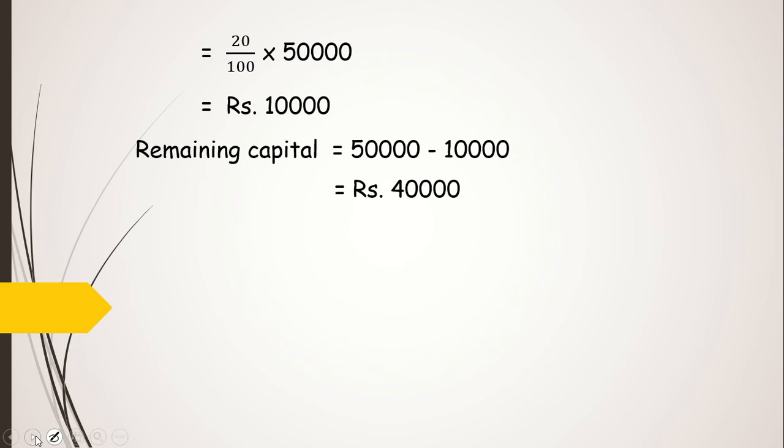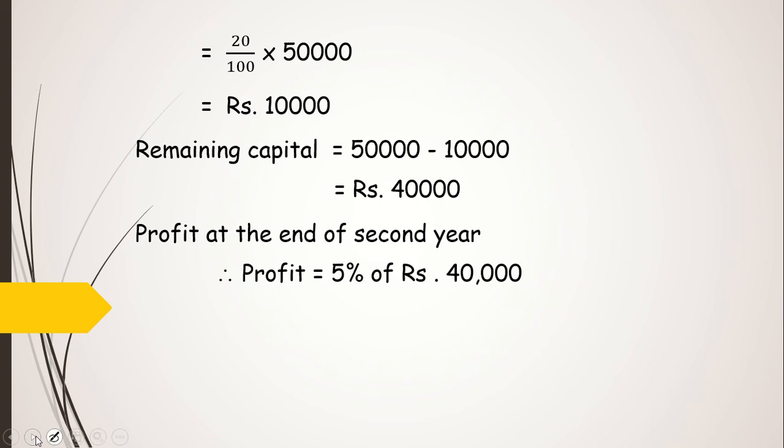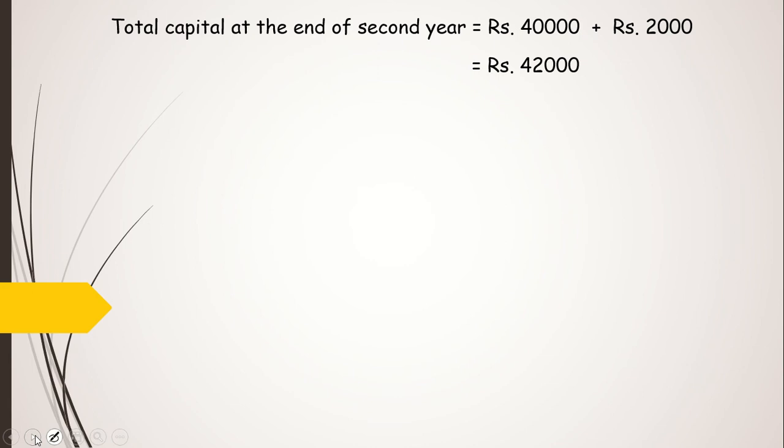Remaining capital now is rupees 40,000. Profit at the end of the second year is 5% of 40,000, that is rupees 2,000. It was mistakenly typed 20,000, but this is not 20,000, it is 2,000 only. So his capital becomes 40,000 plus 2,000, that is 42,000.